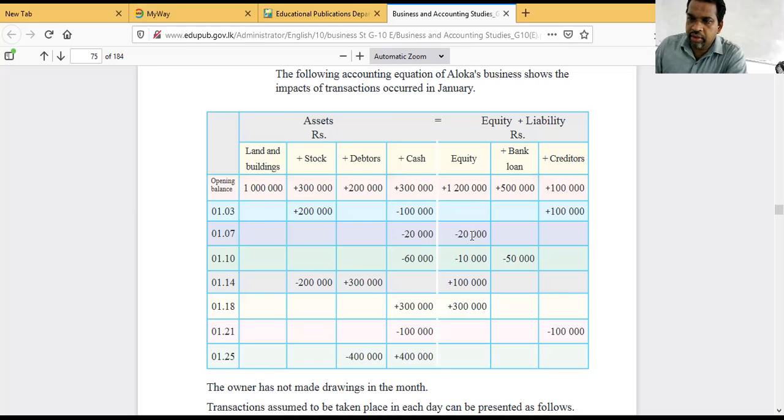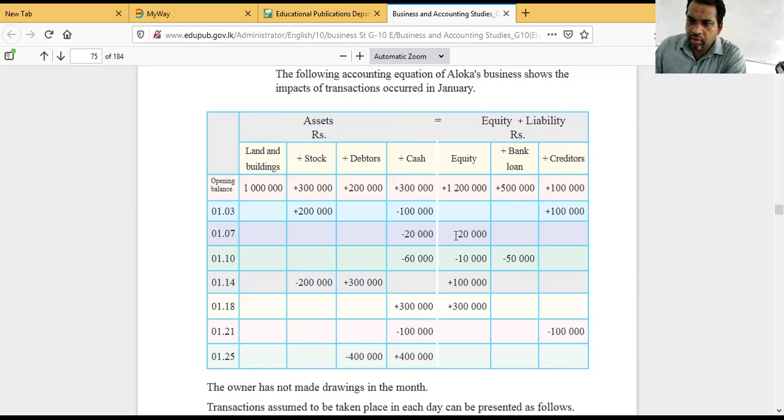Then, you know, the reasons for you to have decrease in equity, there should be expense, or drawings. Then as we cannot take it as drawings, we can take it as expense. When the owner meet any expenses related to business, then they are decreasing equity.